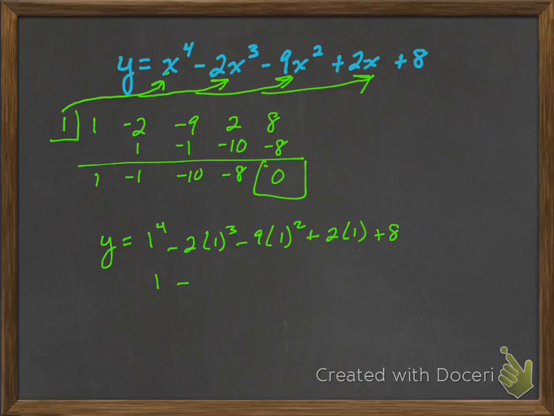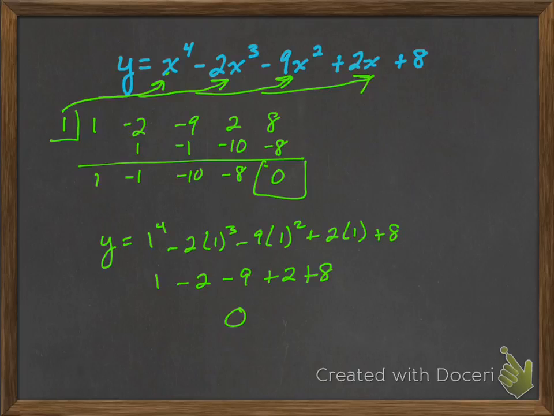That's going to give us 1 minus 2 minus 9 plus 2 plus 8, and this does come out to be 0. So anytime you take a number and divide it into a polynomial, whatever that remainder is, that is also the value you would get if you substitute that number into the polynomial for the variable.